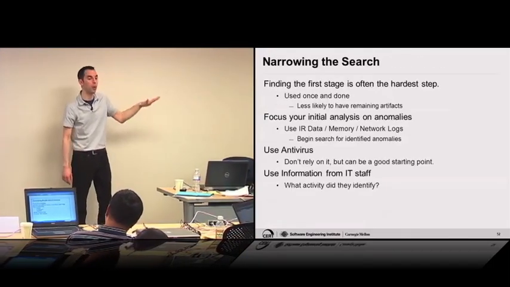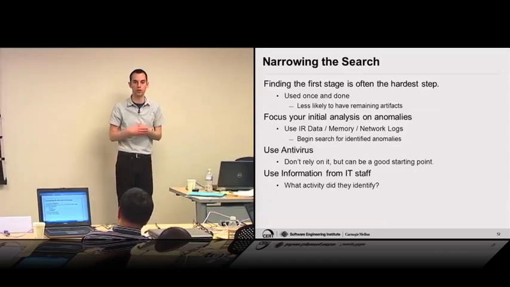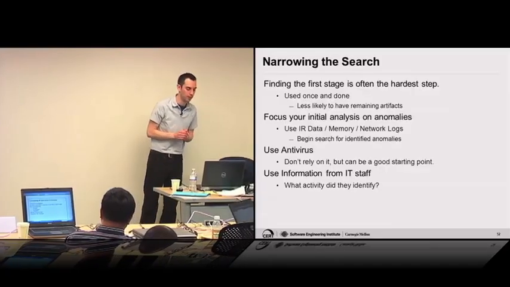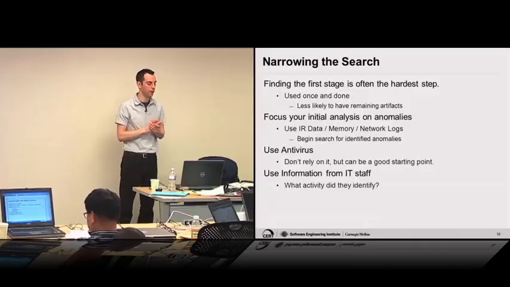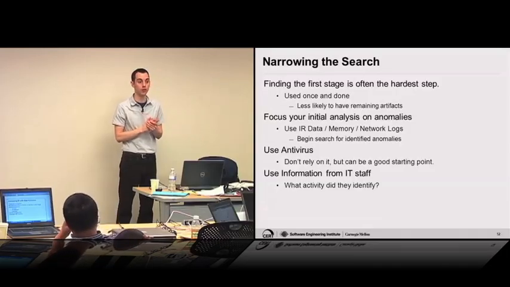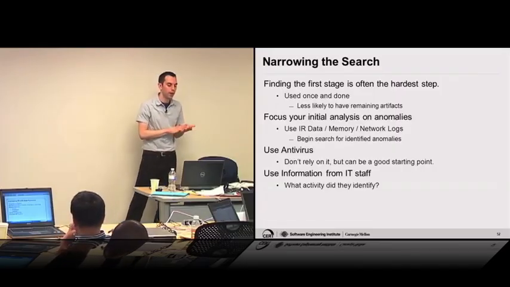Really the point is to use this to narrow our search, whether through keyword searches or actually navigating through the file system. And if we can identify the first stage, it usually gives us a timeline of initial infection, and we can go from there.